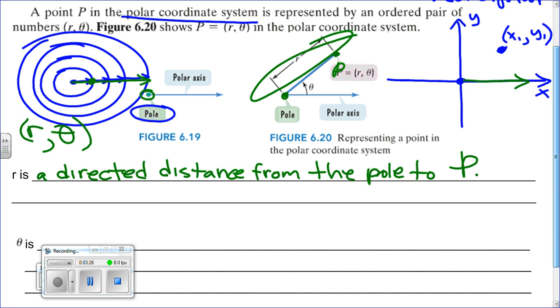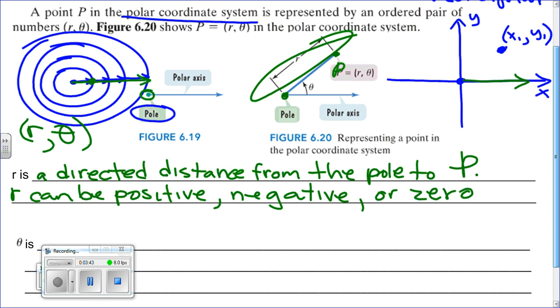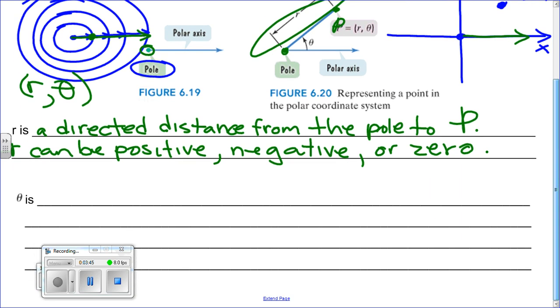Since it has direction, r can be positive, negative, or 0. And if r is 0, then we're talking about a point at the origin, or the pole.